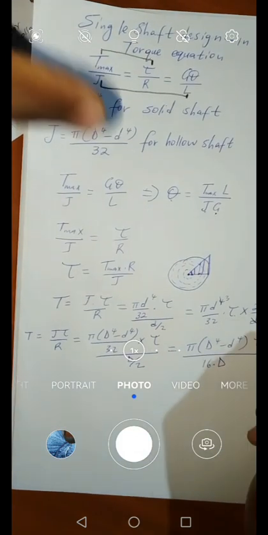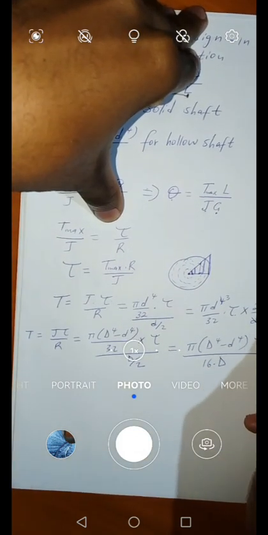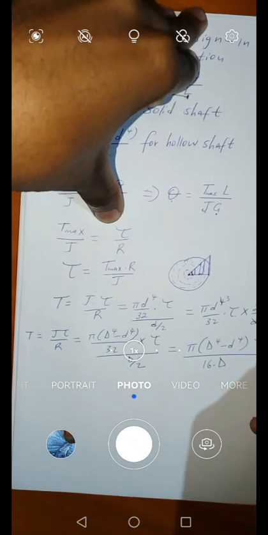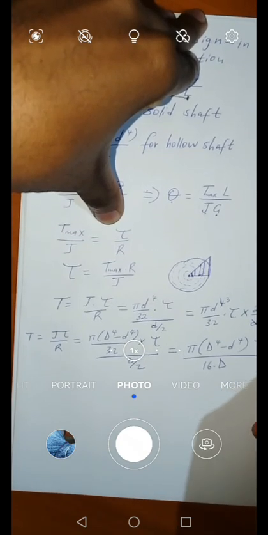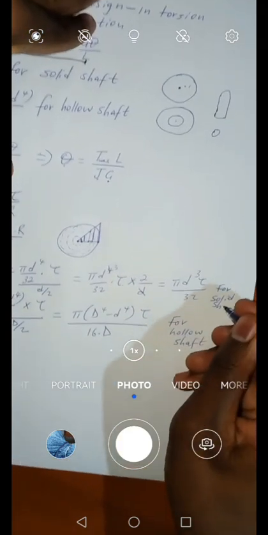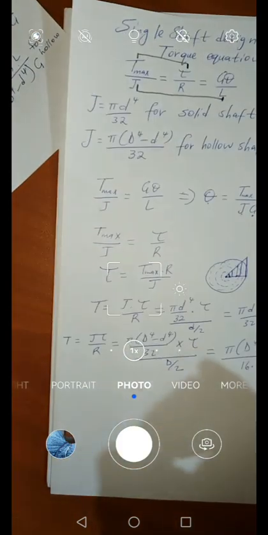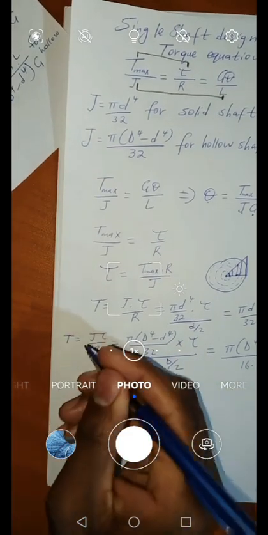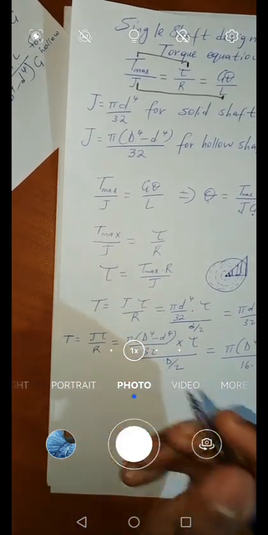Then this is for hollow shaft. Right, that is the formula for the torque, or the maximum torque.